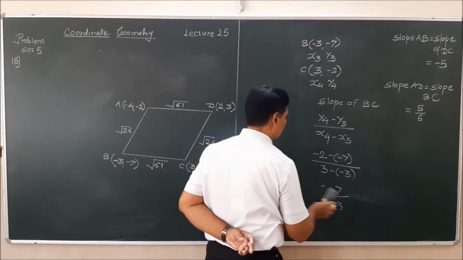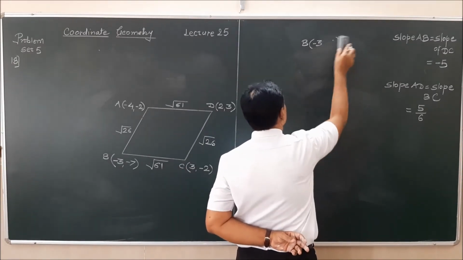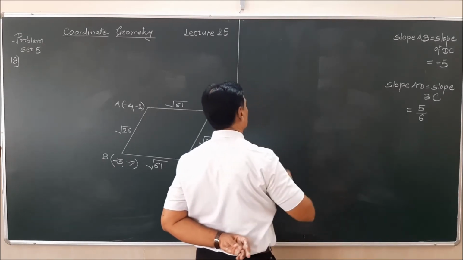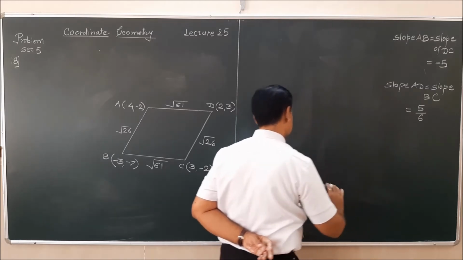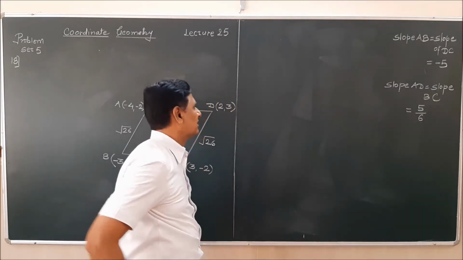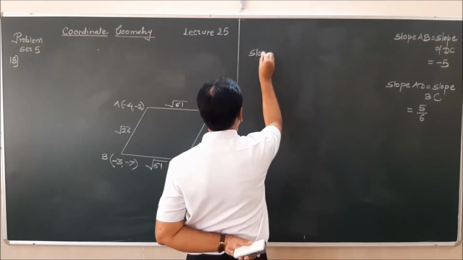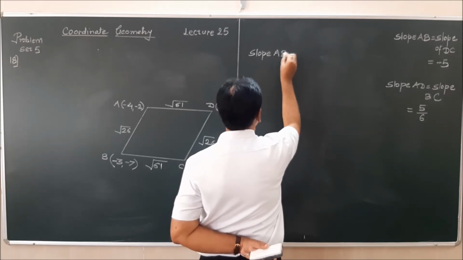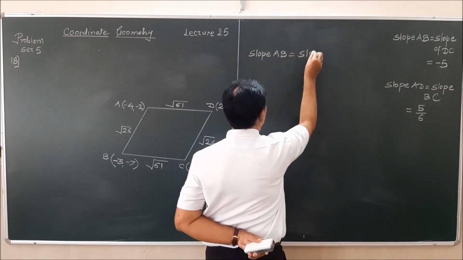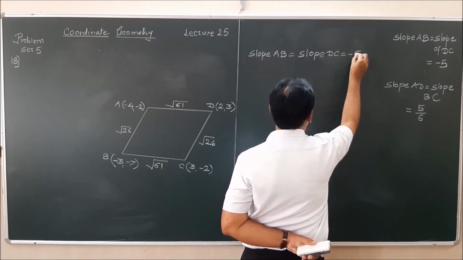We have already got result 1 in which we proved that opposite sides are congruent. Now in this result I am going to prove their slopes are also the same. So I will write here slope of AB is equal to slope of DC, that is equal to minus 5.